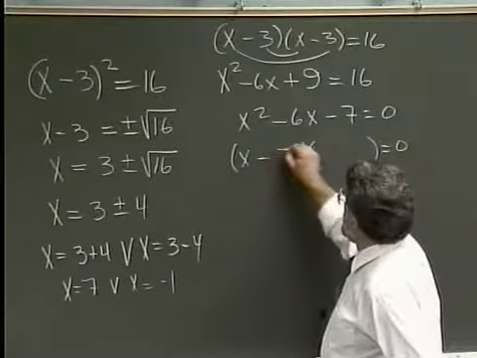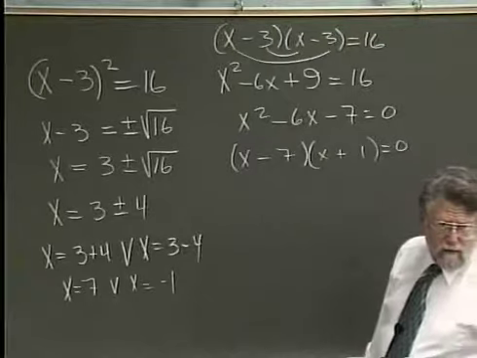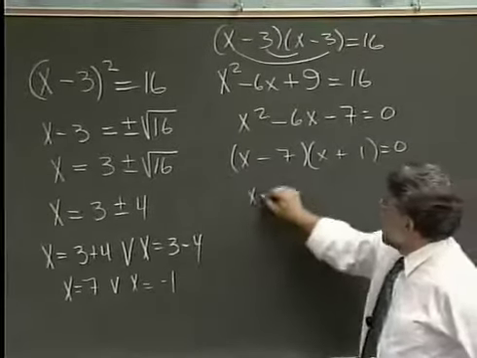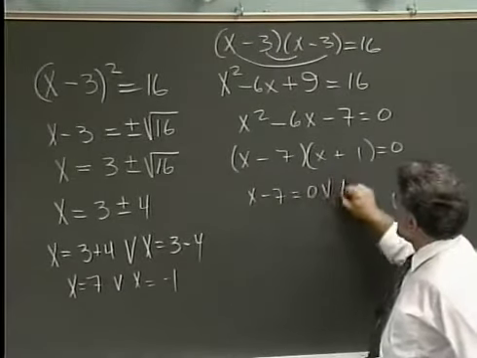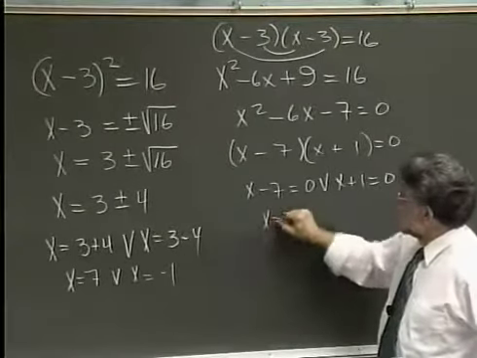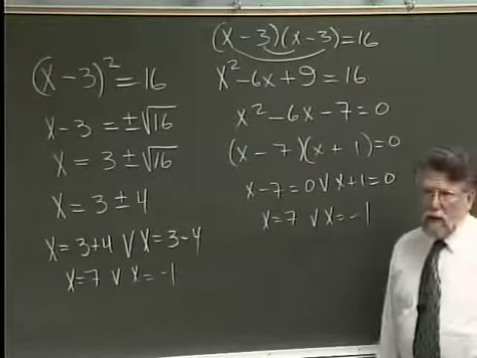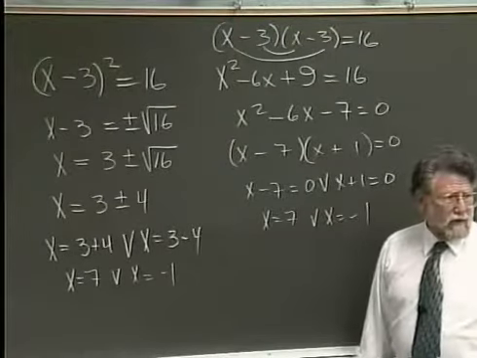And an x minus 7 and an x plus 1 would have done the work. So I would have said x minus 7 equals 0, x plus 1 equals 0, and then said x equals 7 or x equals minus 1. And I hope what you realize is we're getting the same solution in both cases.